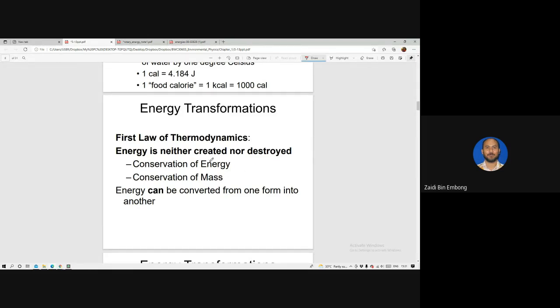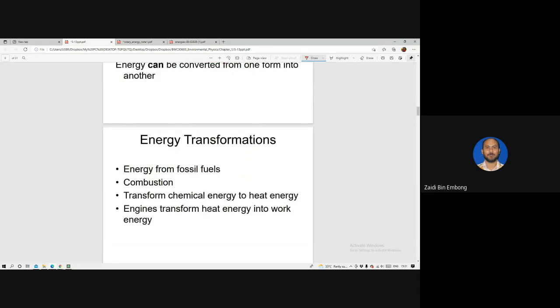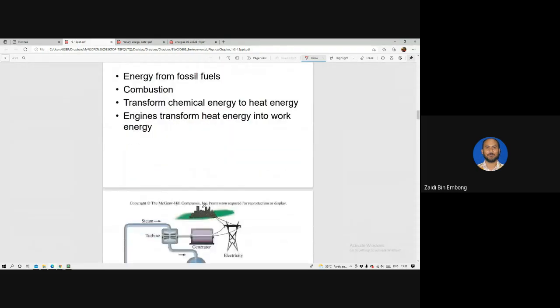But energy can be conserved, and mass is also conserved. It means that energy cannot be destroyed, but energy can be converted from one form to another form. What does it mean? Okay, I will show you later on.